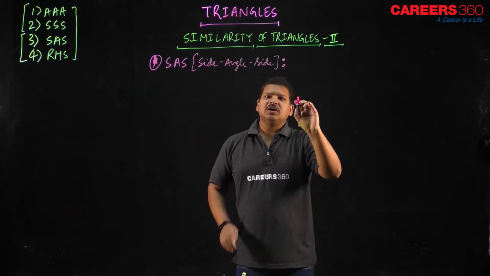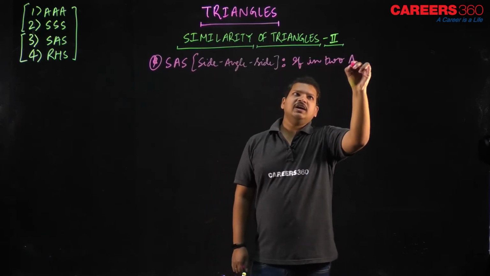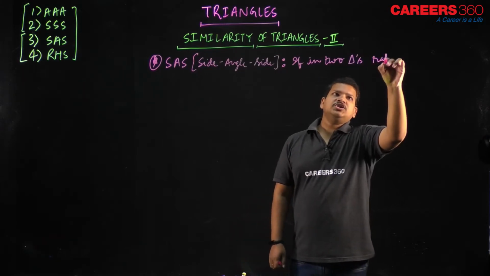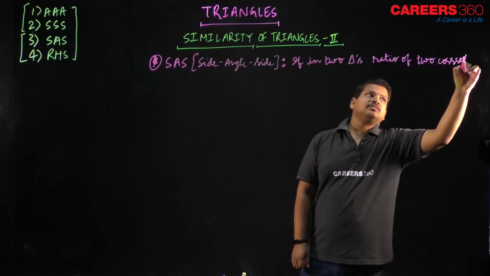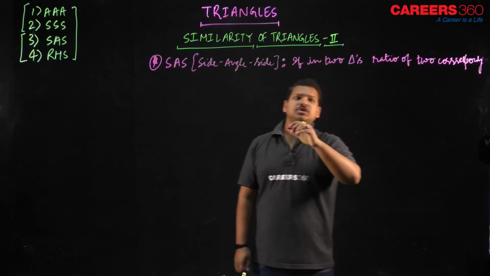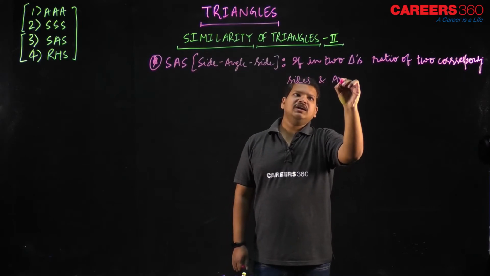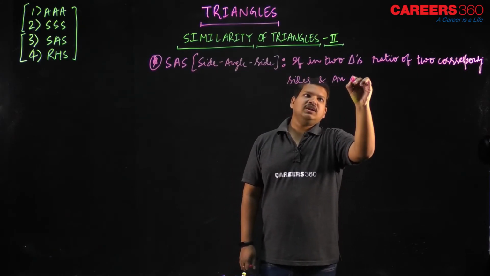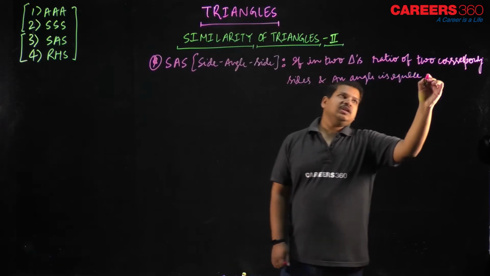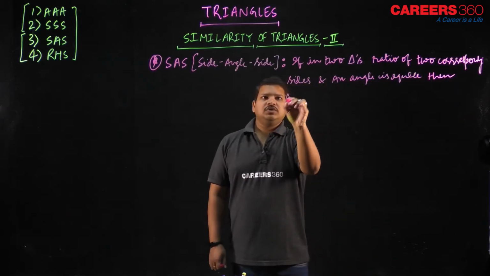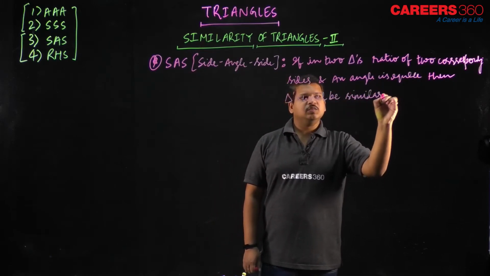Firstly, if in two triangles the ratio of two corresponding sides and an angle is equal, then the triangles will be similar.